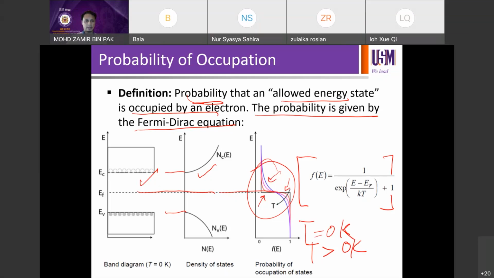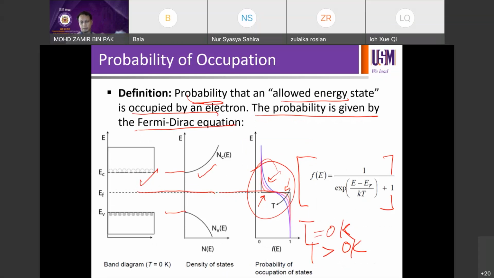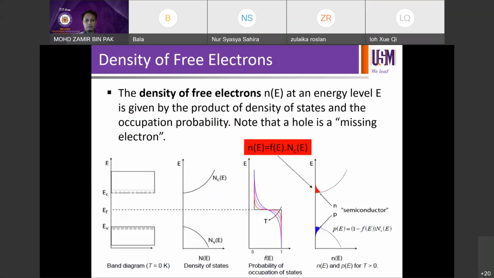So all of this brings us to the next topic, which is the density of free electrons. We're going to see how all of these parameters come together for us to do the calculation.